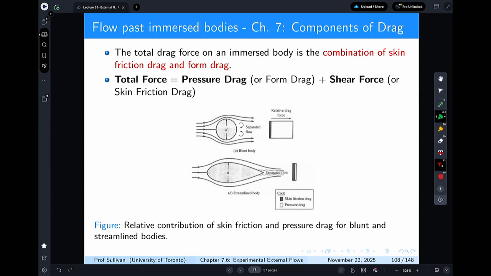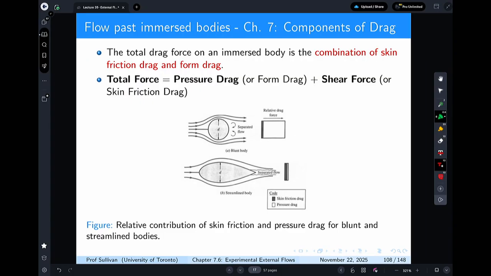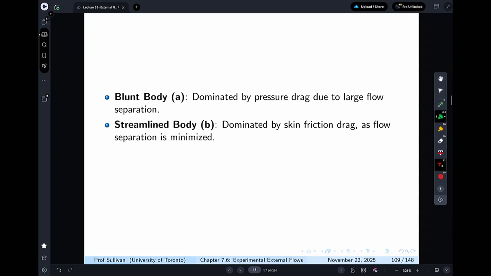They're the same Reynolds number, but the pressure drag goes way down. So blunt bodies are dominated by pressure drag, due to having a large flow separation. Streamlined bodies are dominated by skin friction drag as flow separation is minimized.